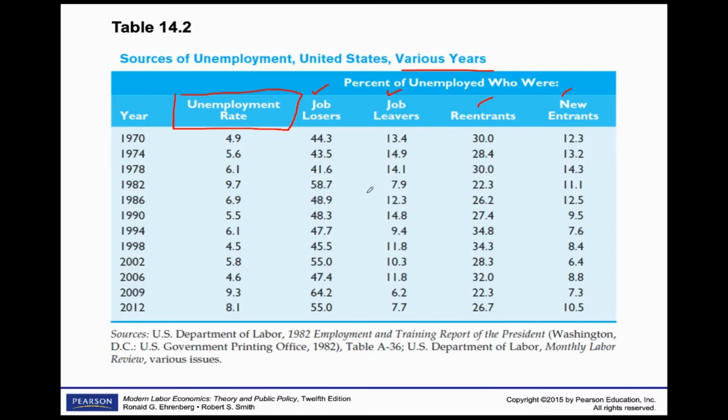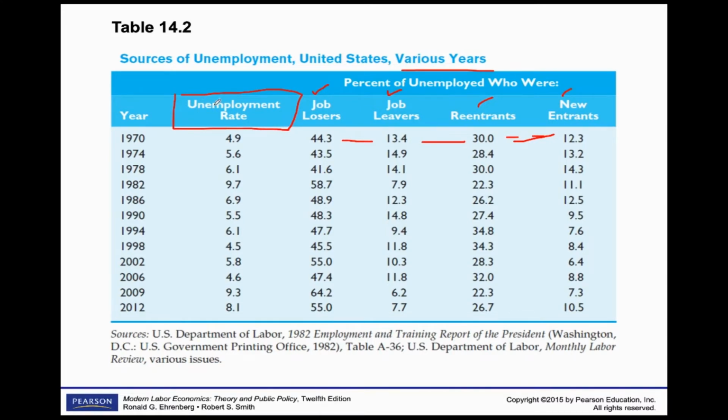So now, what can we say about all these figures? A few things for you to note. If you add horizontally these figures, you should get to 100, because these four categories are those people who are unemployed.